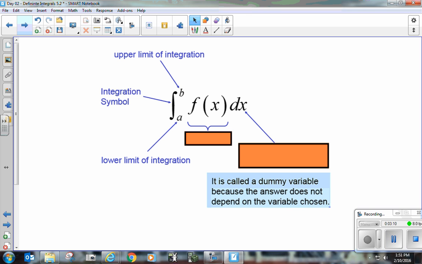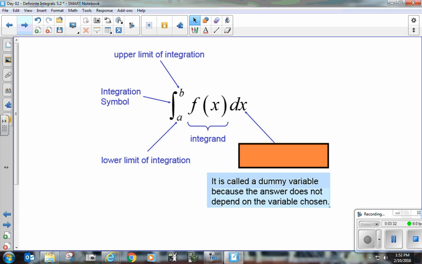f of x is known as the integrand, but it's a function. It's whatever equation we're using. Remember we had 1/8 x squared minus 1, or something like that, or plus 1? That's the integrand. Kevin, who's not here, asked if we can do this in the calculator. Yes. Someone let Kevin know you can do it in the calculator.